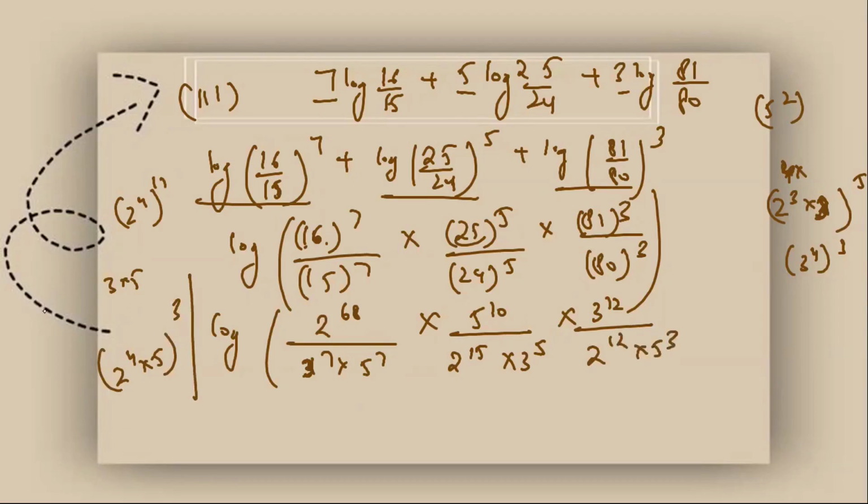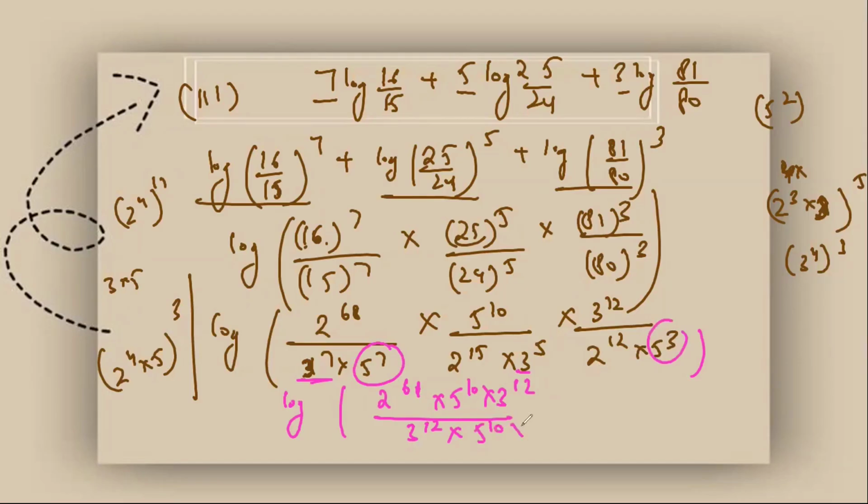Now after that we just have to cancel out whatever is required. So we just collect them. 2 raised to the power 28, 5 raised to the power 10, 3 raised to the power 12, divided by, this is 3, this is 3. So it cancels, 12. This is 5 and this is 5.